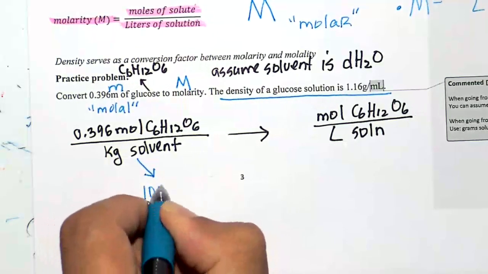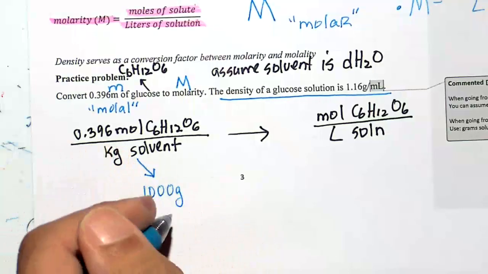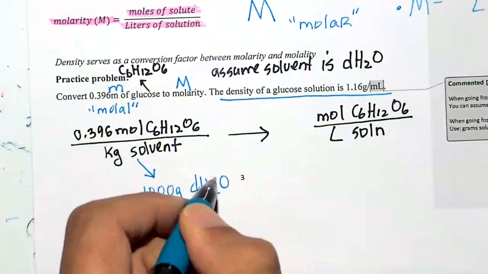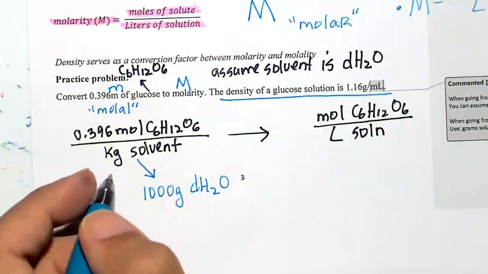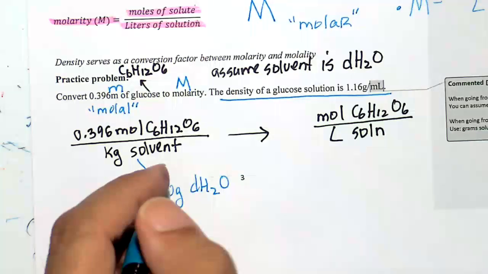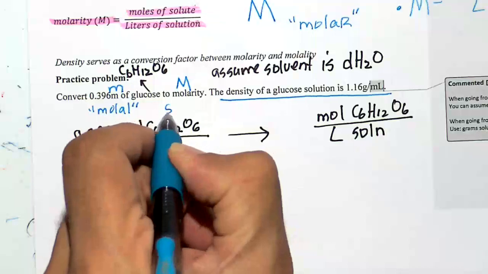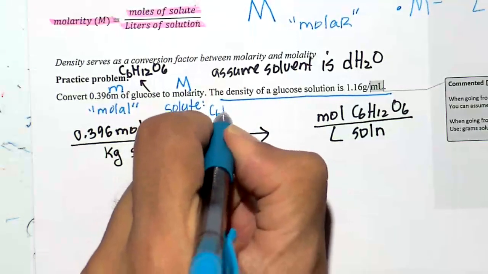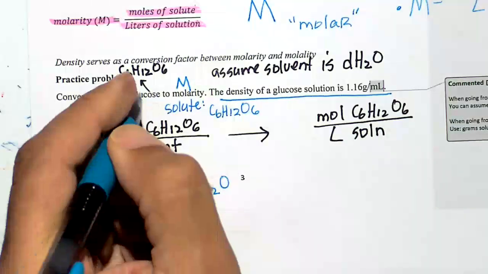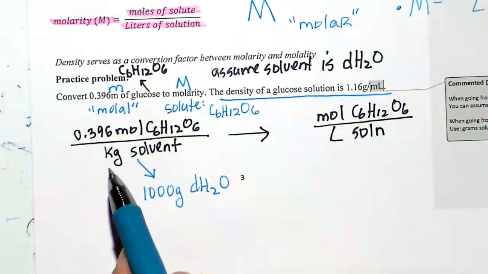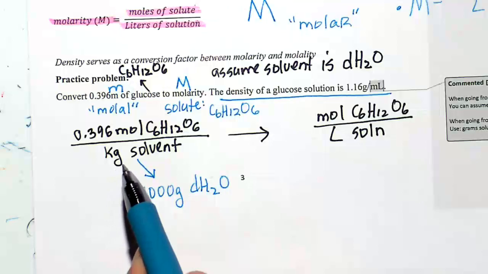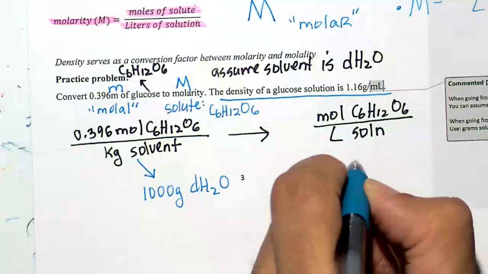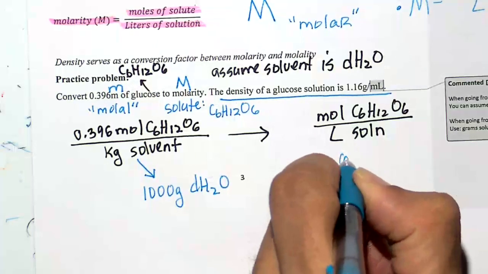So this is the same thing as 1,000 grams of water, which is our solvent. What is our solute? So let's convert the moles of solute glucose to grams of solute glucose. So we're going to take this point.